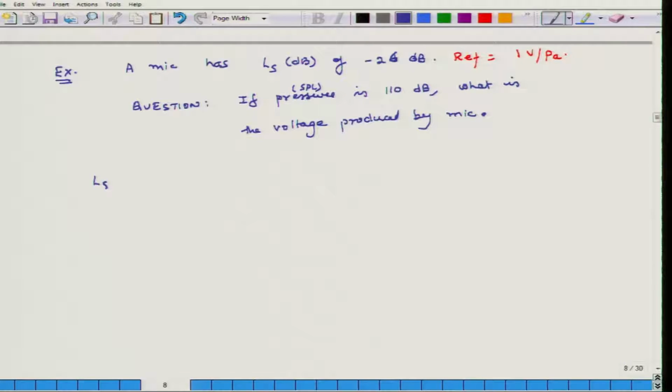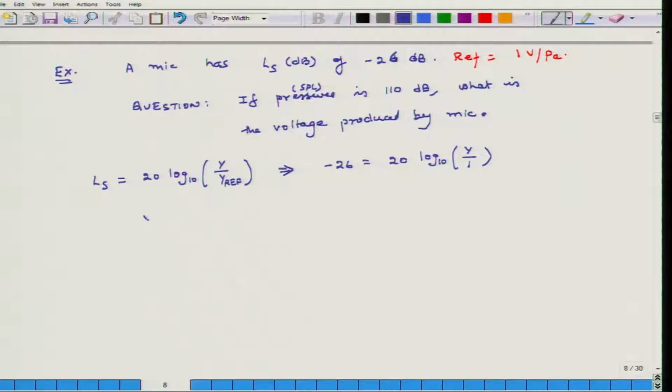LS is equal to 20 log10 of Y by Y ref. So, LS is minus 26 equals 20 log10 of Y, and what is Y ref? 1.